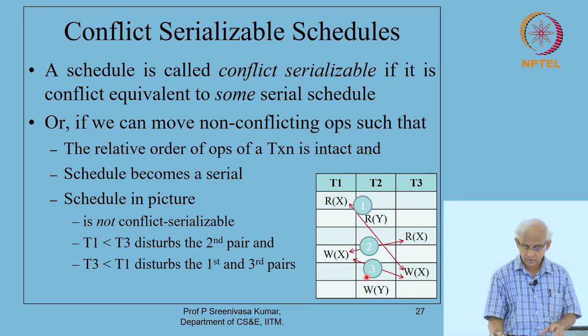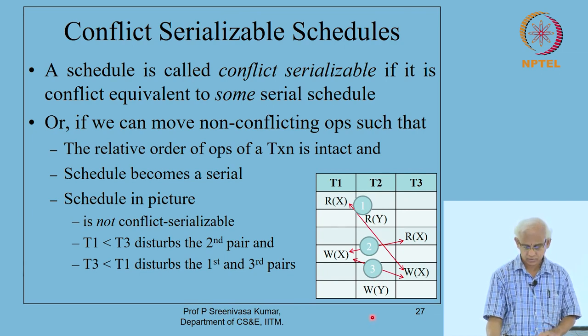What are the serial schedules that are possible? Among T1 and T3, I can either put all the operations of T1 before the operations of T3, and the operations of T2 actually do not matter, because T2 is all operating on Y and does not really conflict with anybody. So I can put the operations of T2 all the way before or all the way later, it does not matter.